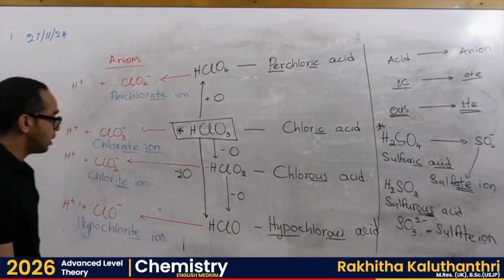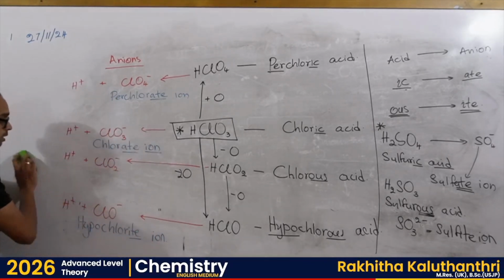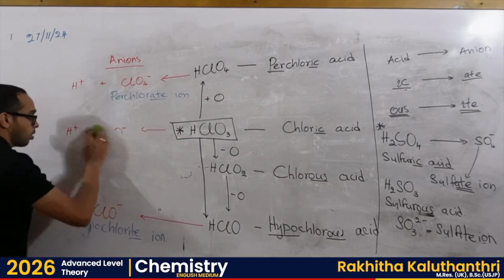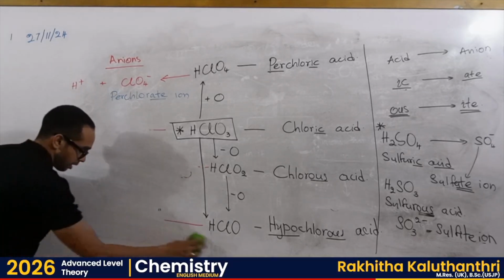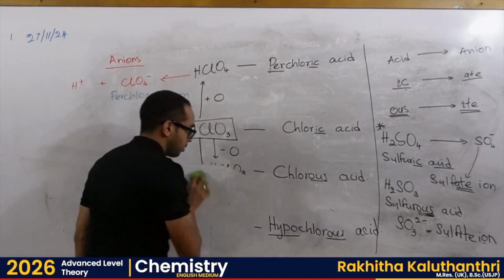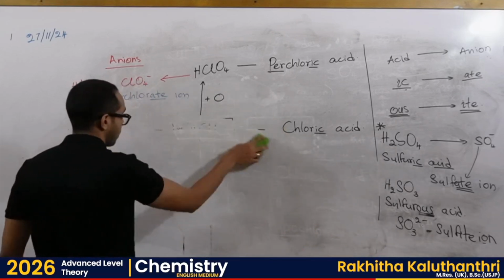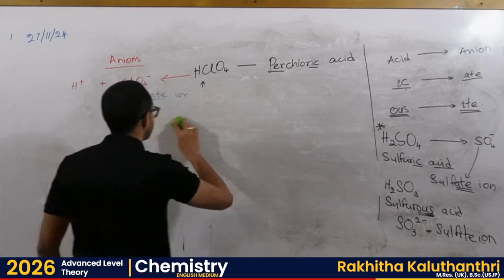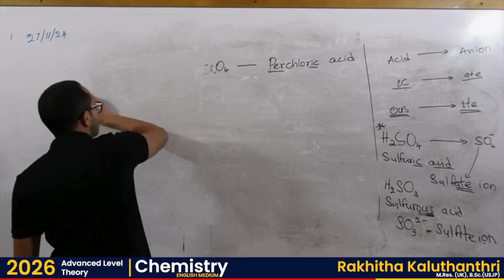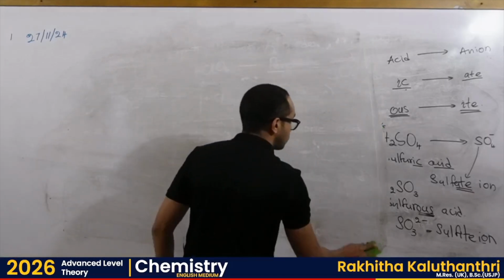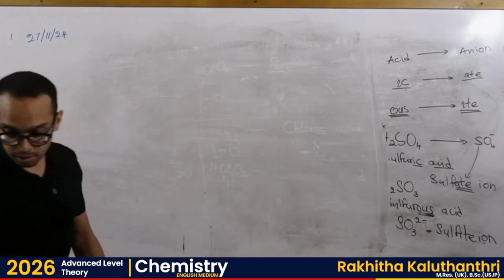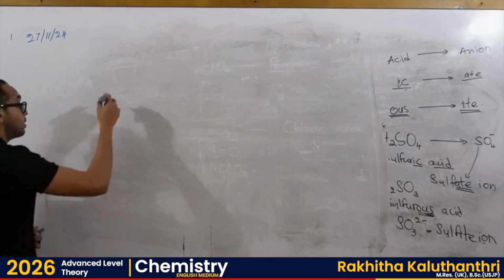Right. So let's try and write the names of these. I want you to be able to write the names of these. I will give you two questions. So for the time being, write the names of these.